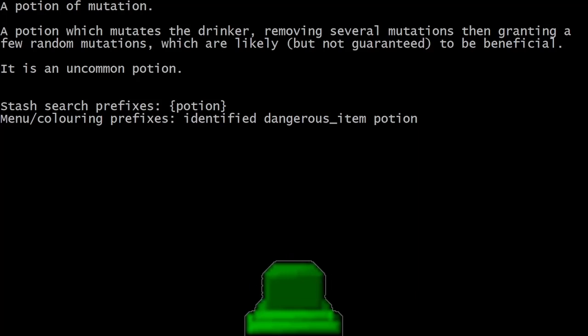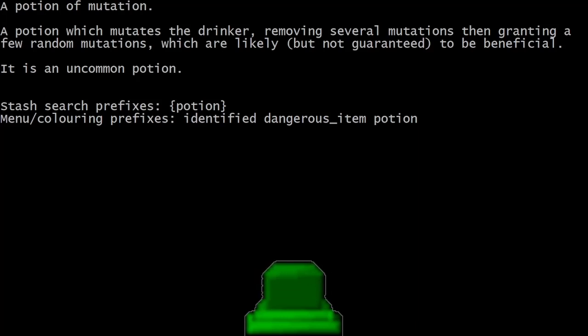Because if you have one potion of mutation and you drink it, you're going to end up with something that you're not going to be able to get rid of until you find more of these. And that is pretty scary considering what we've already been talking about. So use this responsibly.